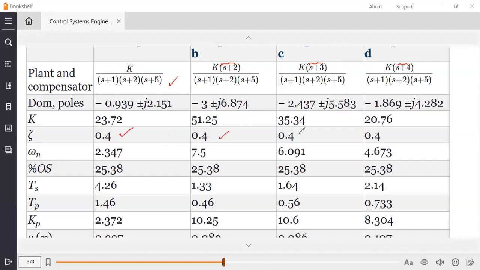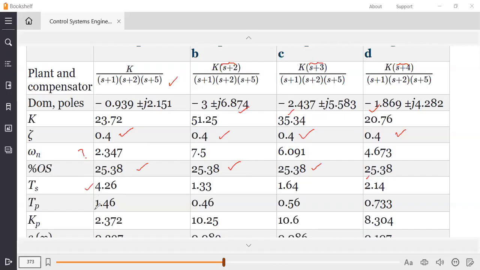All of them have the same zeta value and corresponding percentage overshoot, because we figured out our second order poles based on the intersection. So these two values will be the same; they will not change. What is changing is the value of omega n, and based on that, zeta omega n, which is sigma d.